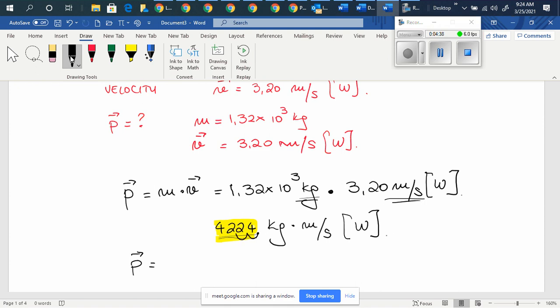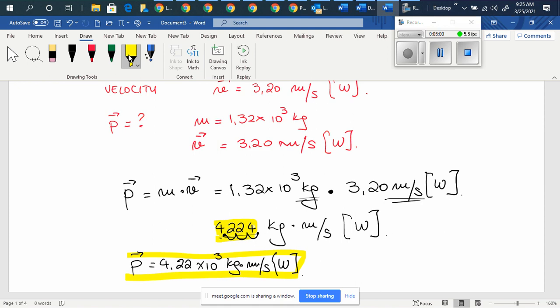We move the decimal point, and then we will have 4.22, and we don't round up since 4 is less than 5, times 10 to the power of 3 kilograms times meters per second going in the west direction. And this will be your answer for the question.